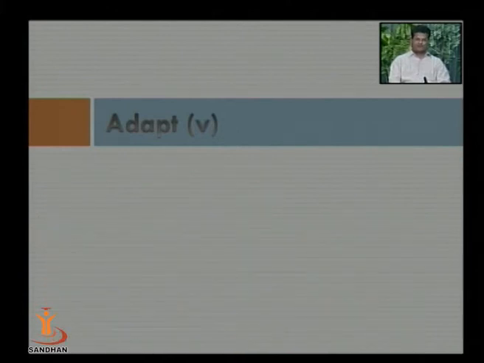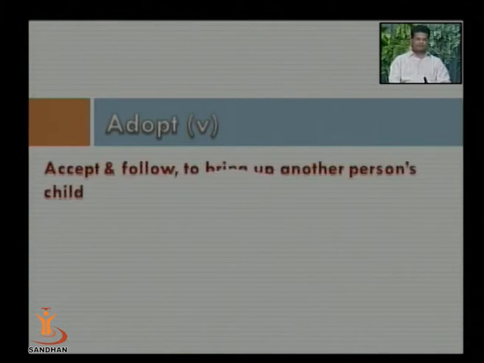Opposite pair of this word is adopt. Now adopt, which is also used as verb, means accept and follow, or to bring up another person's child. We call such a person adopted son, adopted daughter. To accept some new ideas means to adopt some new ideas.